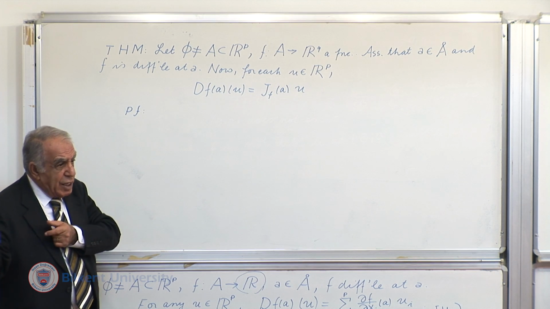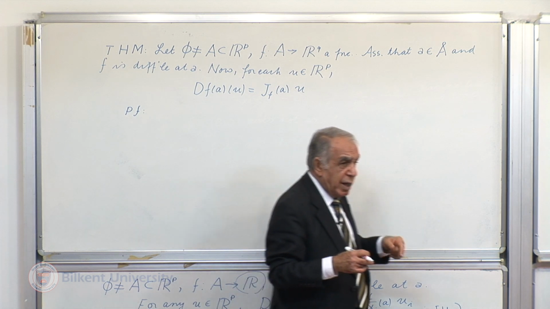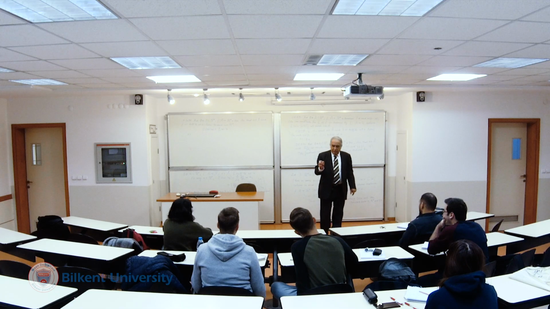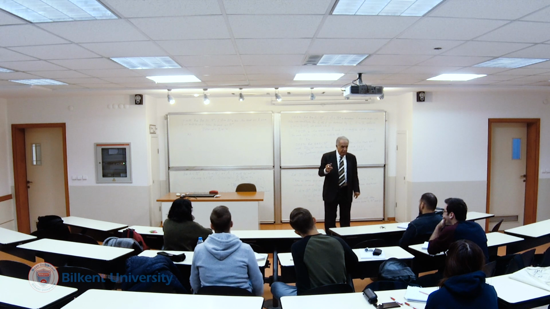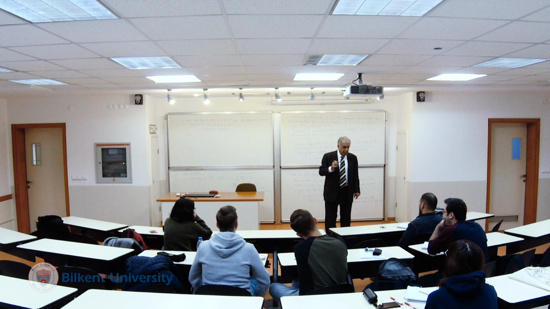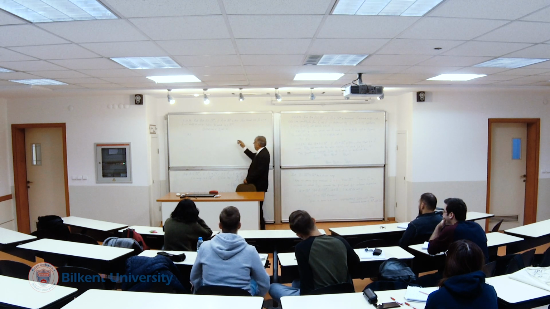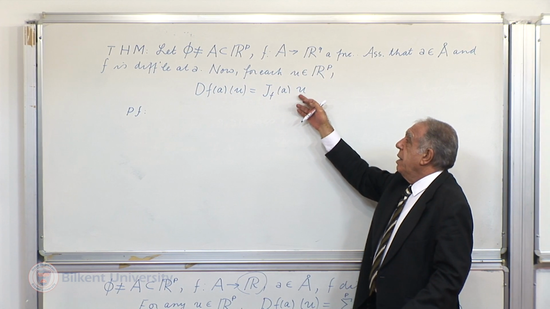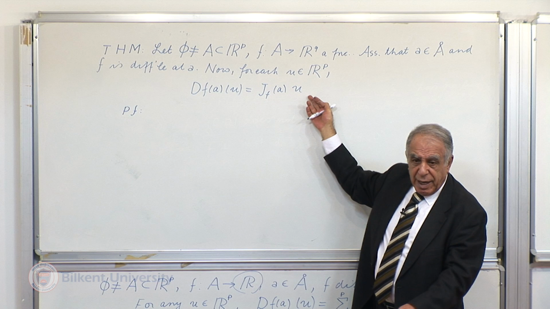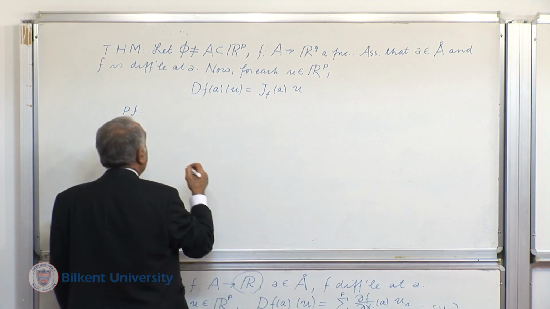Each linear function from R^p to R^q can be represented via a q by p matrix. And conversely, when you start with a q by p matrix and define the function sending u to this product, that will be linear. That's a basic result from linear algebra.